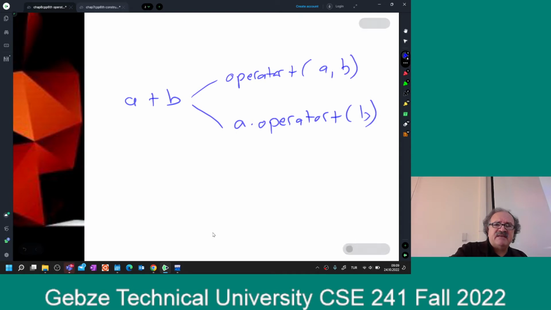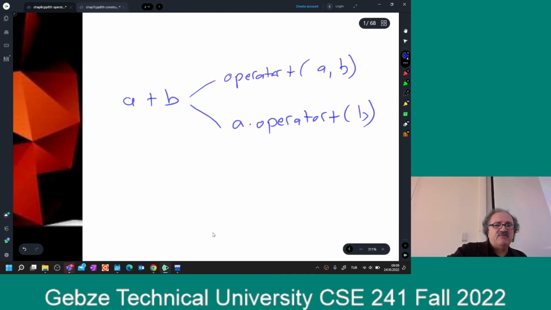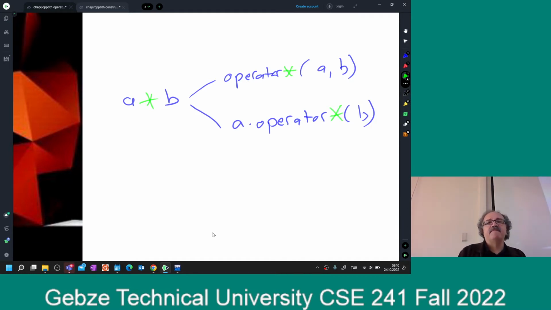Inside this class, there must be a function named operator plus, and it takes a parameter of whatever the type of b is. It doesn't matter what the operator is, say operator times, or star.